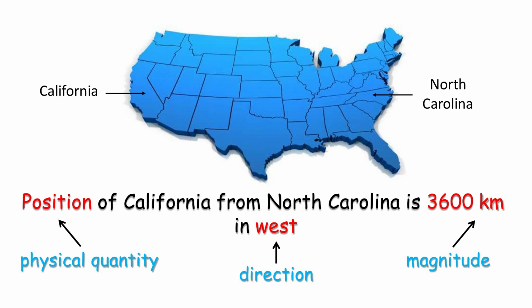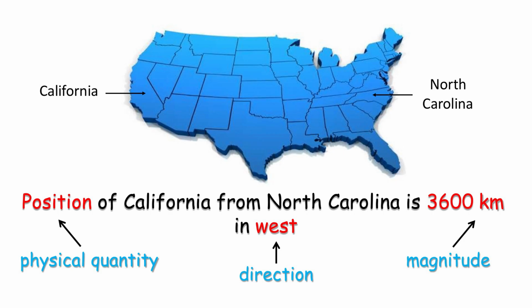So the distance of California from North Carolina is 3600 kilometers. If one says 3600 kilometers, that is only magnitude, so it has no direction. If it is 3600 kilometers in the west, or the east, or the north or the south, or the northeast or the southwest, likewise, then that is called a vector quantity.